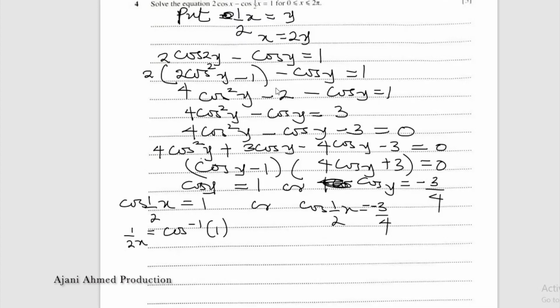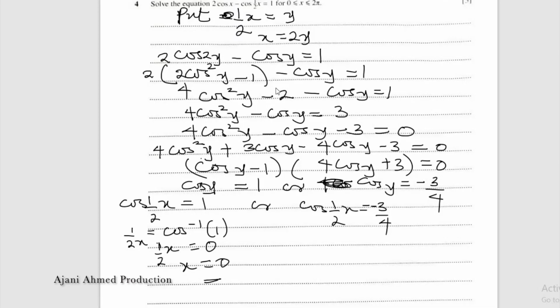Inverse cos of 1 will give us 0, and also cos 360 will also give us 1. So half x is equal to 0, so x is 0.